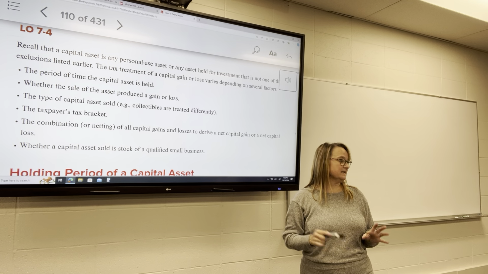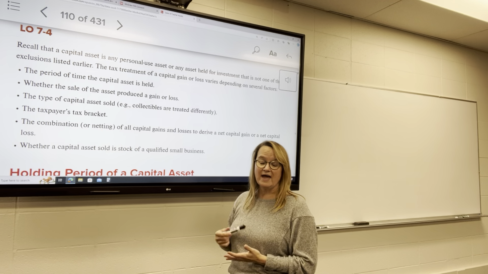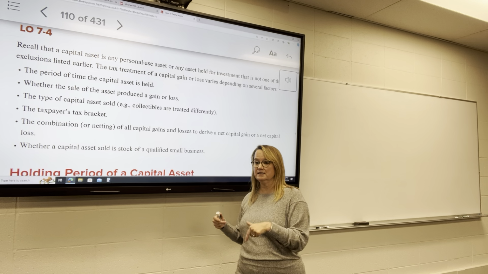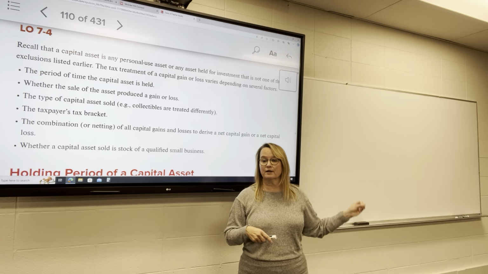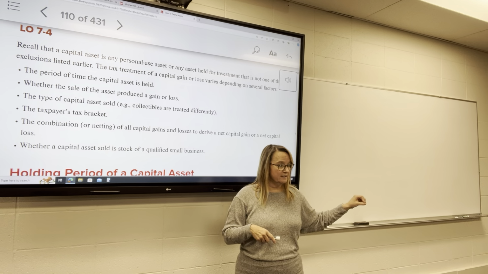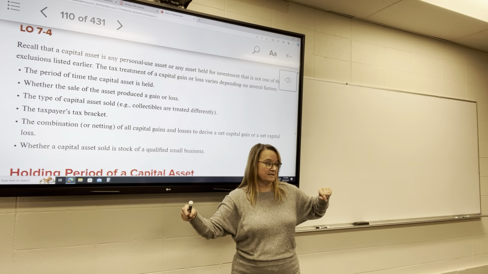These are the same dividend tax rates. These are the capital gain tax rates. So what that capital gain tax rate is depends upon the taxpayer's other income. We have to look at what their other income is, what tax rate they're in. That will then determine what our capital gain tax rate is.